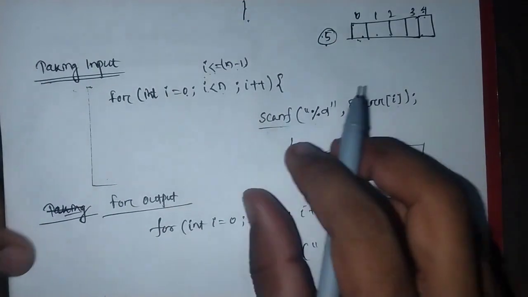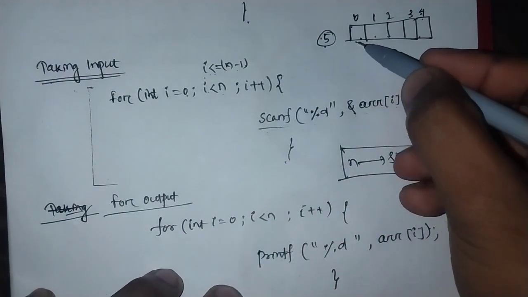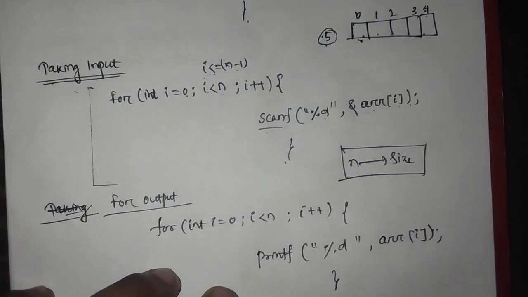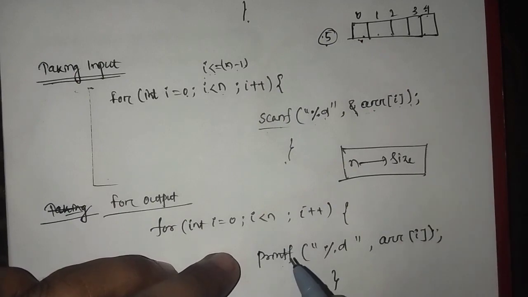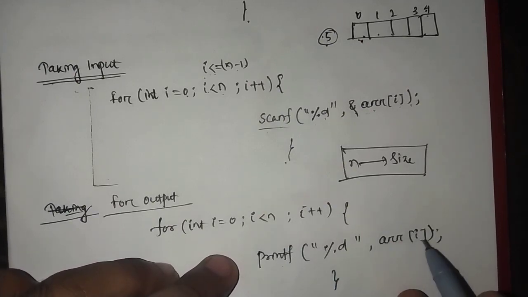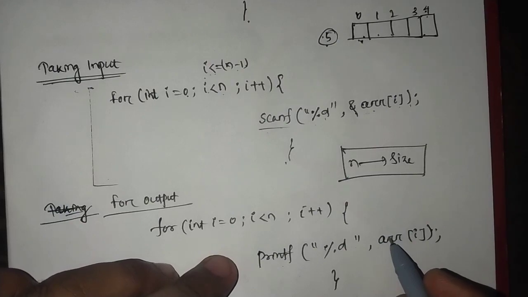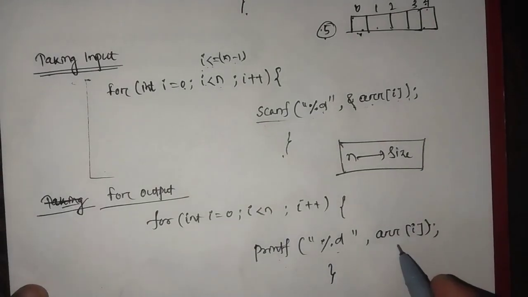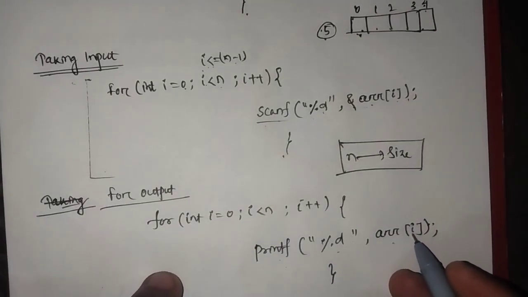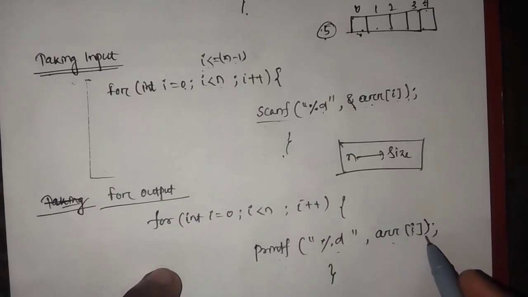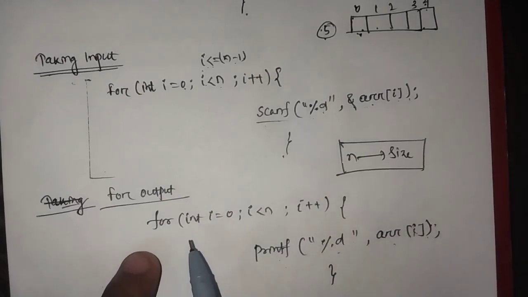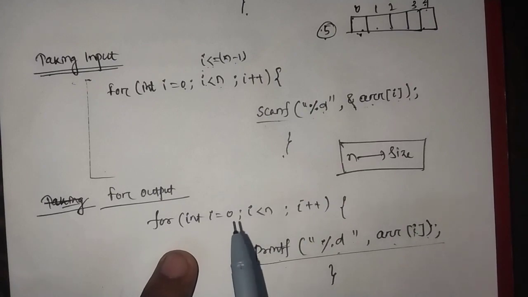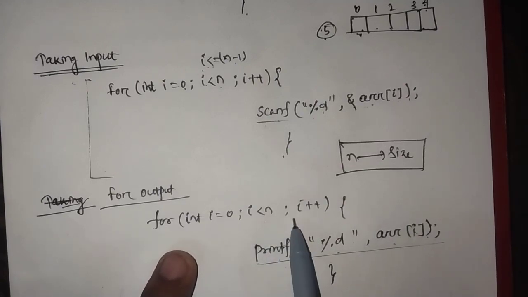Here, to take the value of a particular index, we write %d, ampersand, array of I. And to print a variable, we write %d and the variable name, but in an array we write printf %d array of that index. If you want to print the 0th index element, I write array of 0. If you use this printf statement in the for loop, it will give each value of the array.